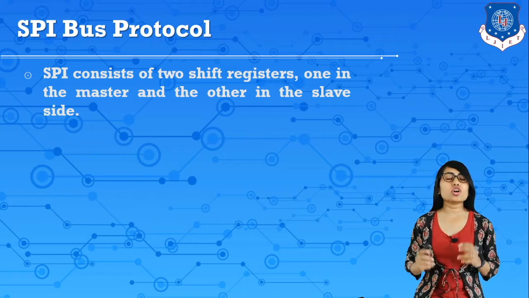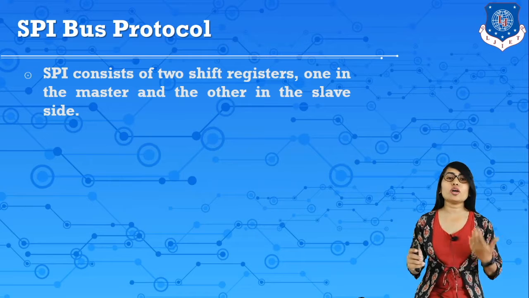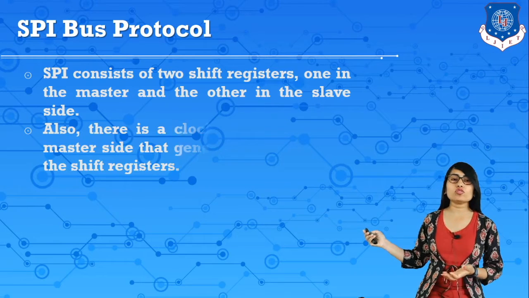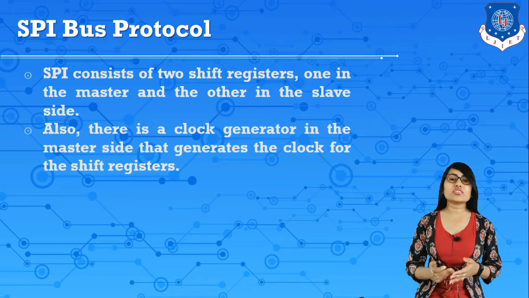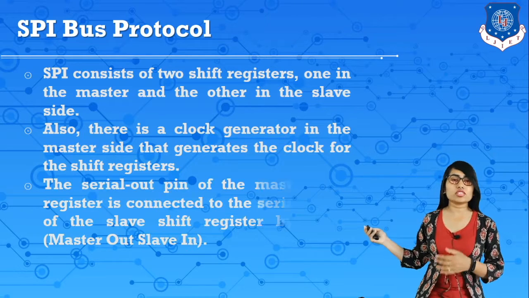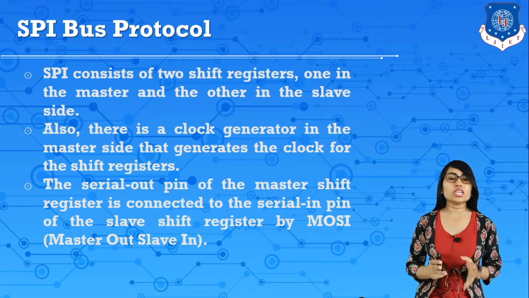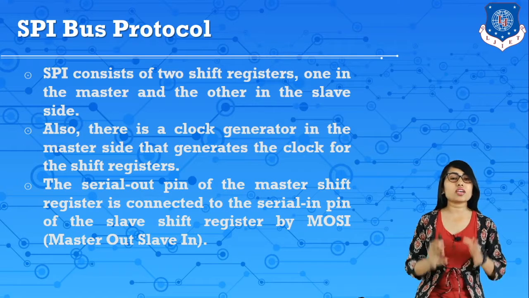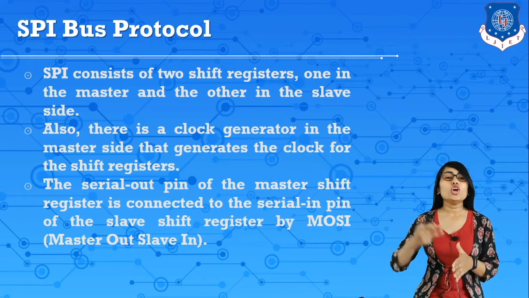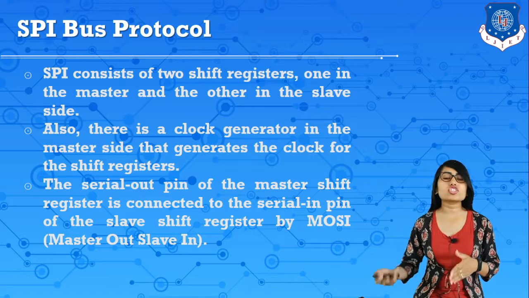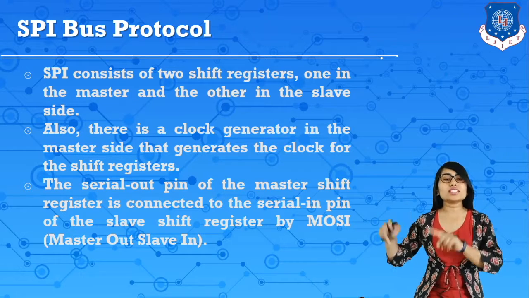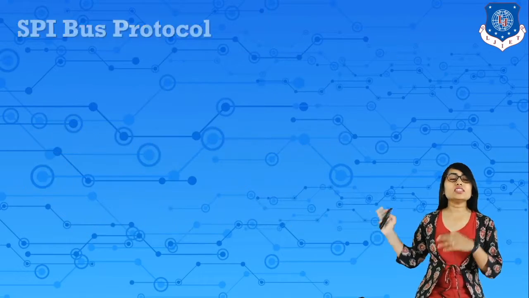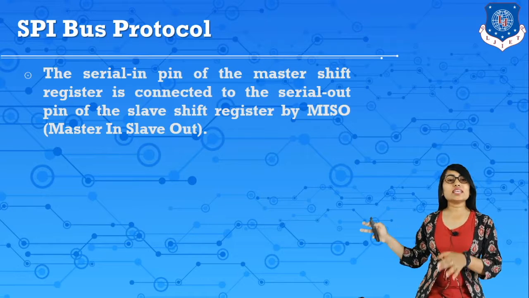SPI consists of 2 shift registers, one on the master side and the other on the slave side. Also there is a clock generator on the master side that generates the clock for the shift registers. The serial out pin of the master shift register is connected to the serial in pin of the slave shift register by MOSI, that is master out slave in, and there is the other, master in slave out.